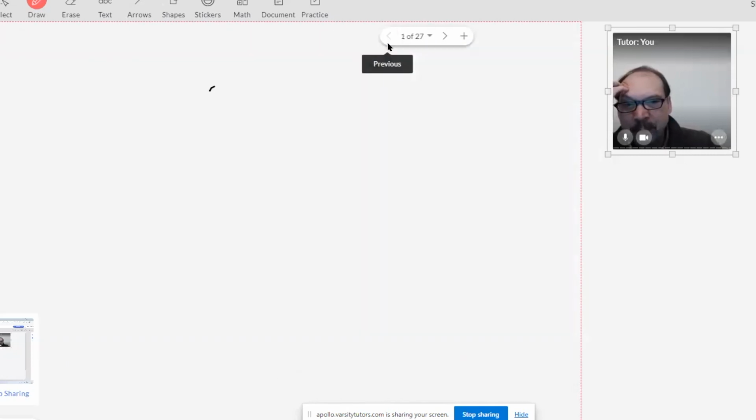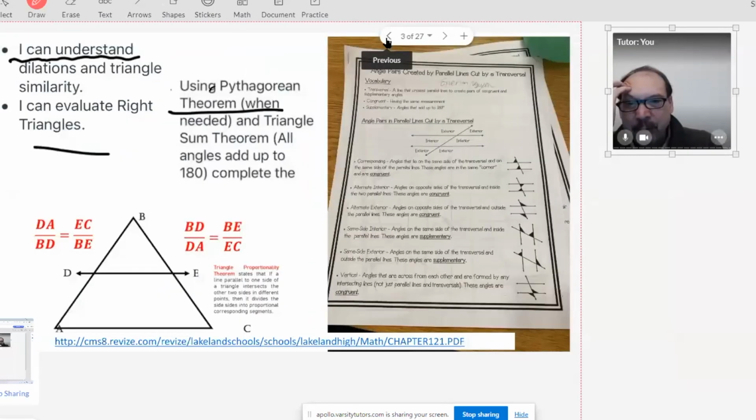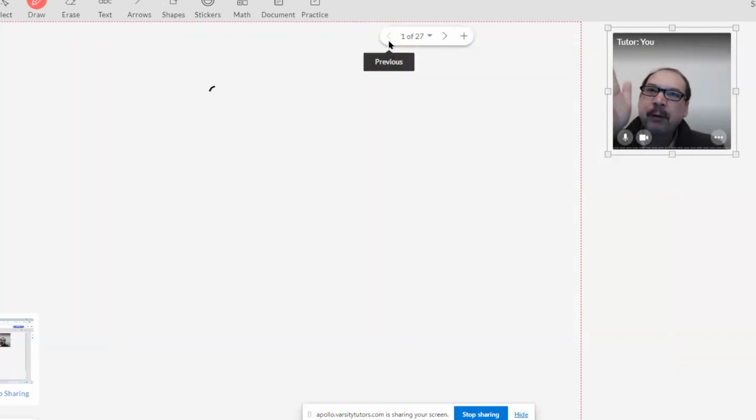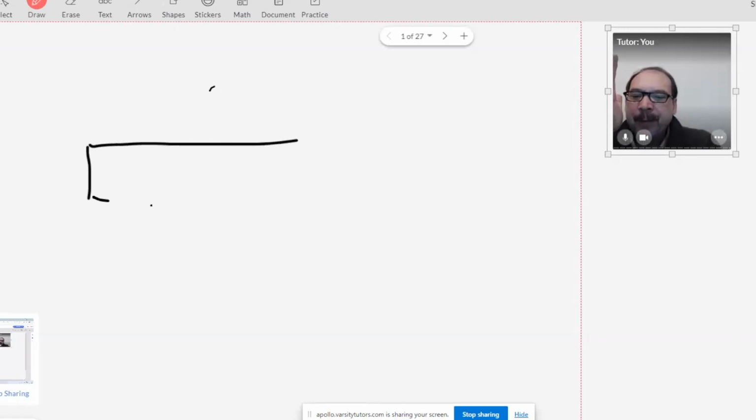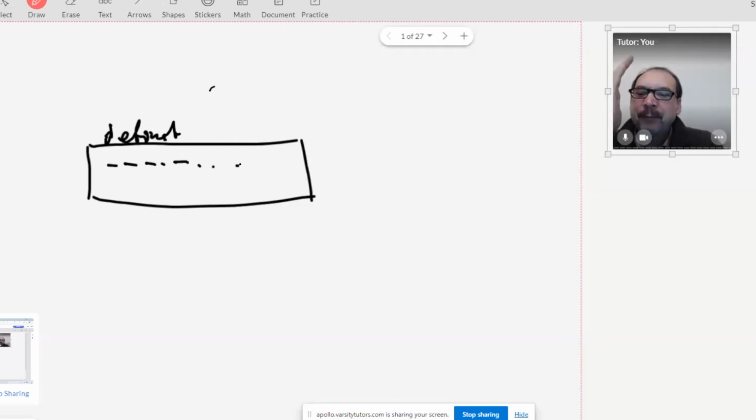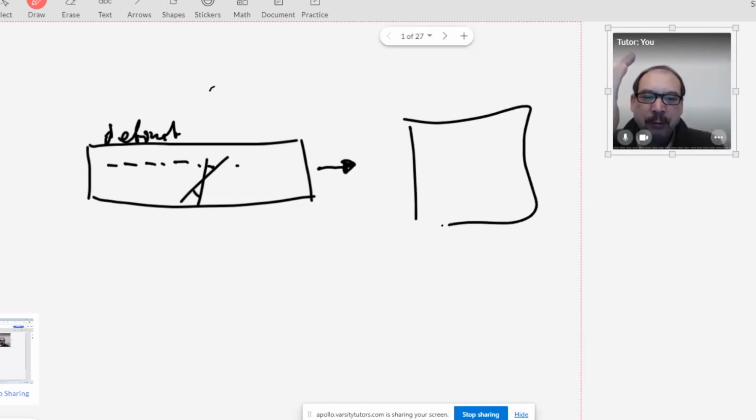Do I have more? No. So, and again, you go through a textbook and you see a blue box usually, and it sometimes says definition, and it says, for example, two angles made by two crossing lines opposite each other are called vertical. So you have to go to your notebook and copy this definition.